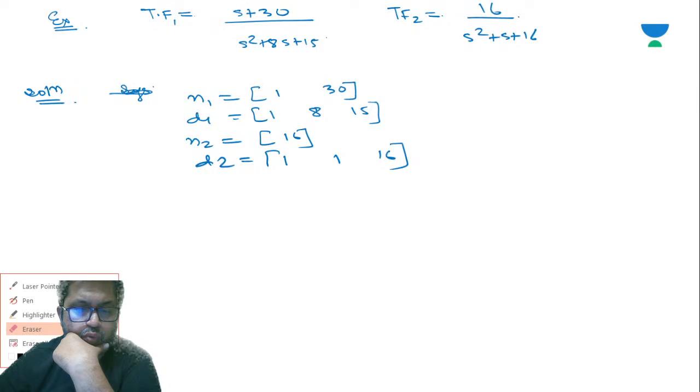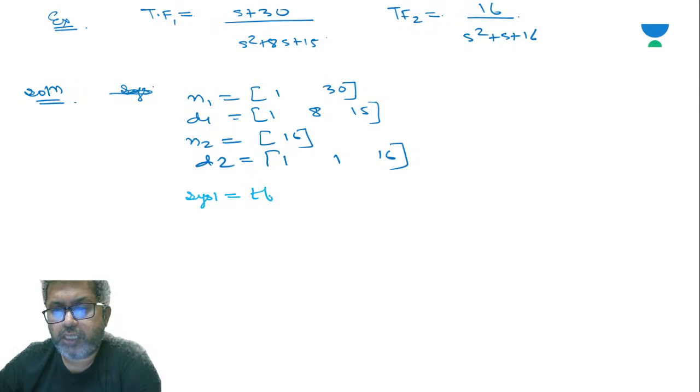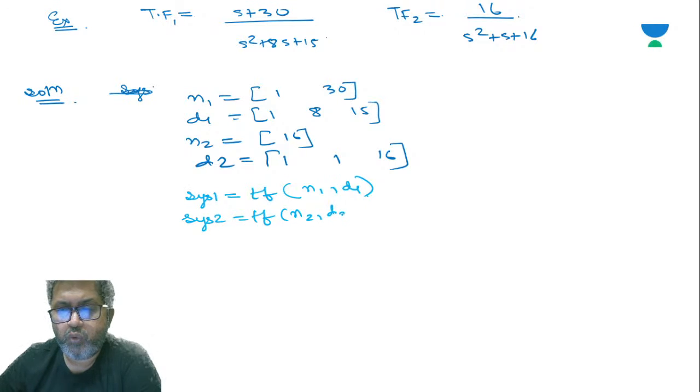This is d2. Now we will say system 1 is equal to transfer function n1 comma d1. System 2 is equal to transfer function n2 comma d2.